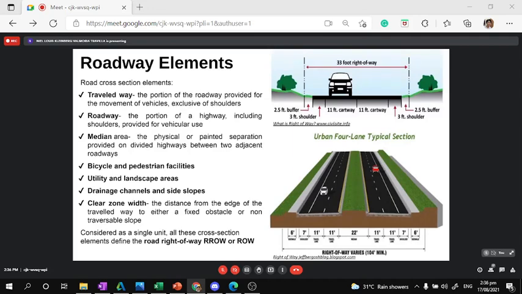So the entirety of that is protected by the government, from the side slope on the left and the side slope on the right, becoming the entire road right of way. So there is no encroachment by any property on the side of the road, because that is a protected area, the road right of way of the government.